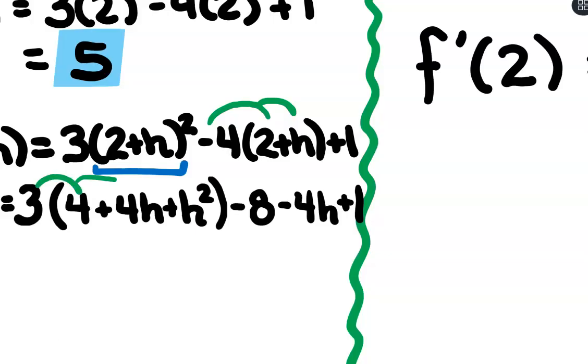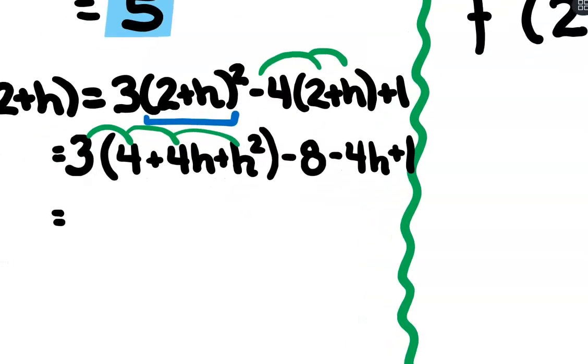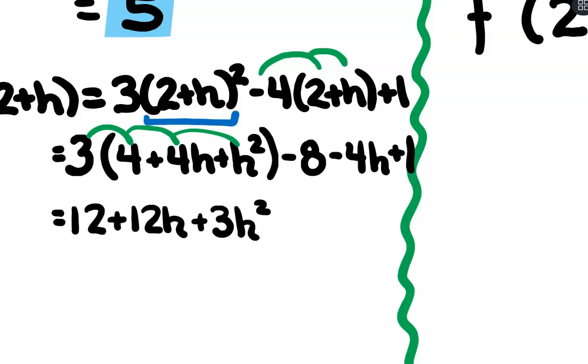I'm going to distribute the 3 in. So that's going to give me 12 plus 12h plus 3h squared, minus 8 plus a 1, so negative 7, minus 4h. And I'm going to go looking for like terms.